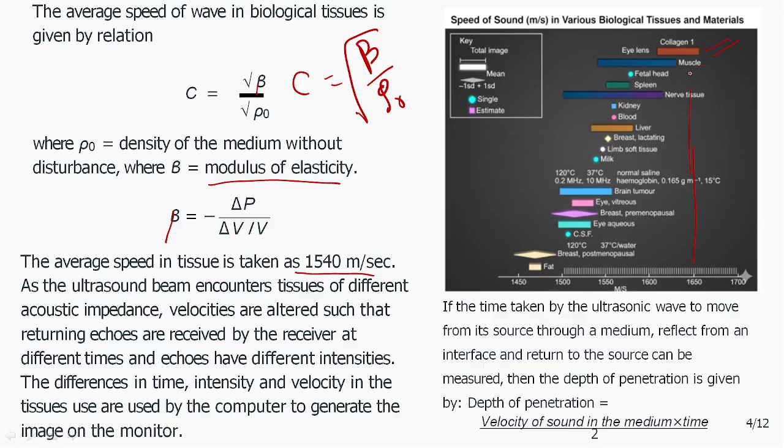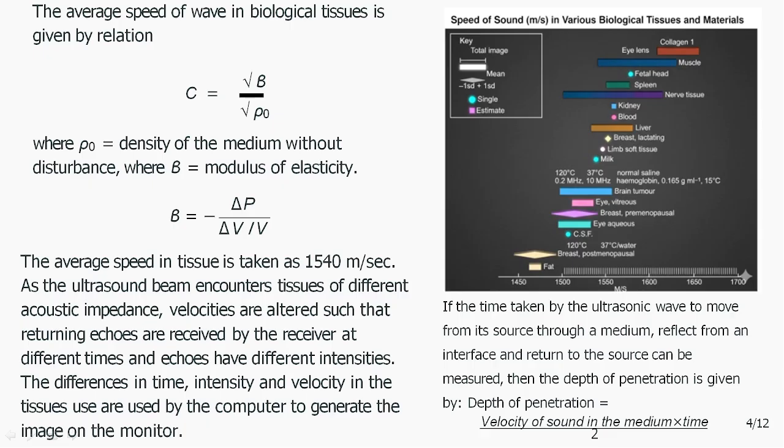Similarly muscles fall around 1600. Blood is around 1550, like that. Milk will be less than 1550, and fat, the slowest one, you can see here 1480, 90, like that.